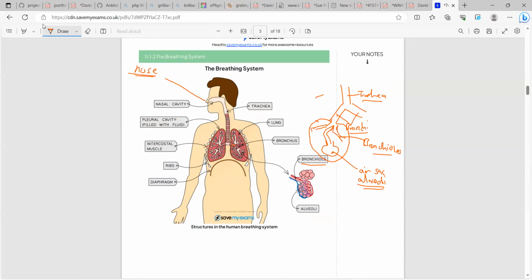Have you noticed that the nose is known for producing mucus? Why do you think we have mucus? And in the nose, we also have some hairs. Why do you think we have some hairs? Yes, that's perfect.